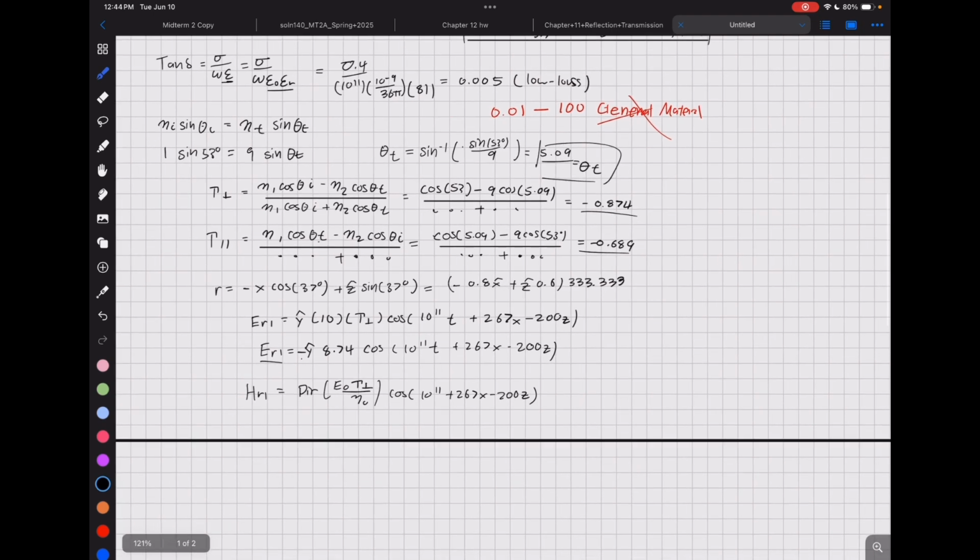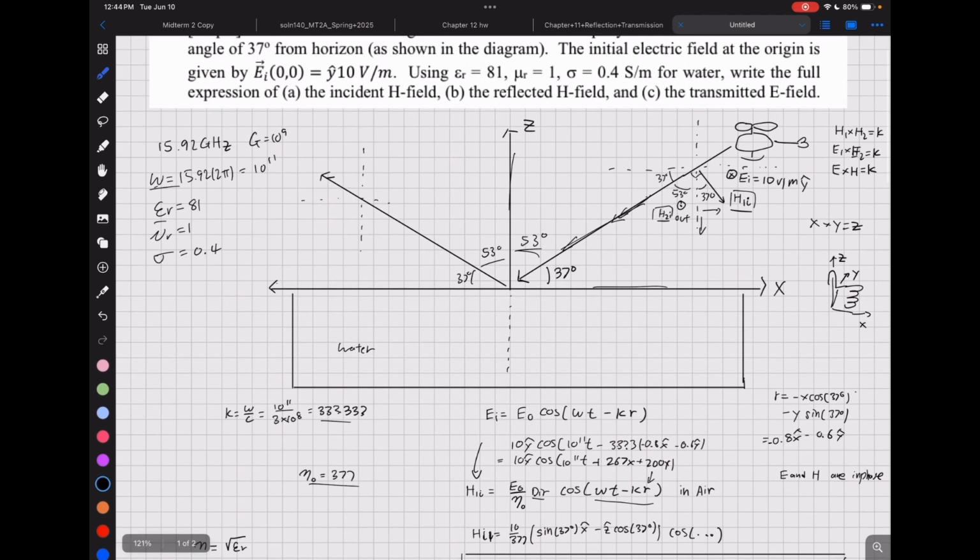By doing the math, we already know the direction is going to be in the negative y direction, and that from reflection we go from right hand circular polarization to left hand circular polarization. So our E is going to be going out of the page, E reflected 1. And using our left hand for this right hand rule, we're going to have k going up, but E is pointing out, so our H is going to be pointing down this way. So this is our H reflected 1.